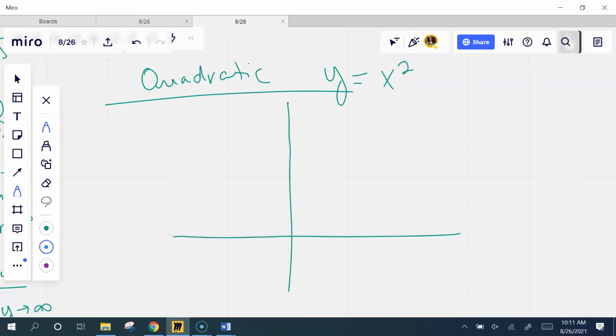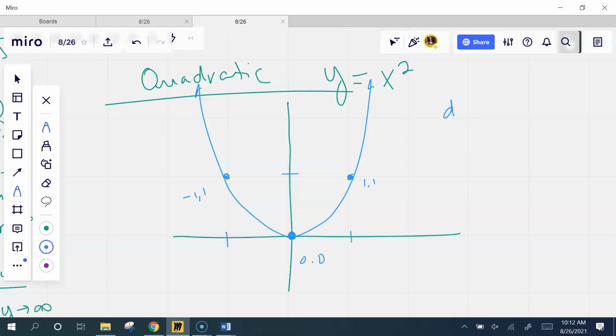Where is the vertex of that parabola? 1, 1, negative 1, 1. I would need at least this many points to graph it. So whenever I'm asked for the points used to graph, I need to make sure that I include 1, 1, 0, 0, and negative 1, 1, because I at least need that many points to pick up the pattern of the parabola.